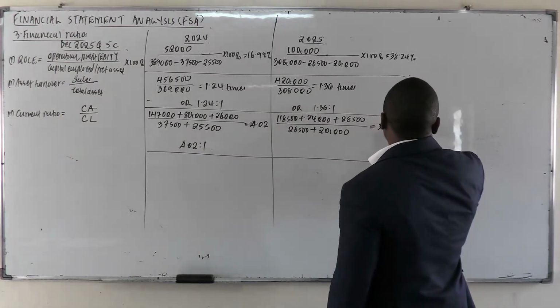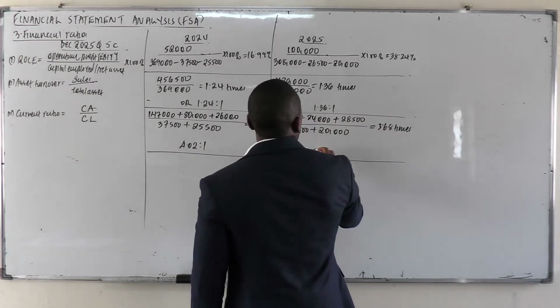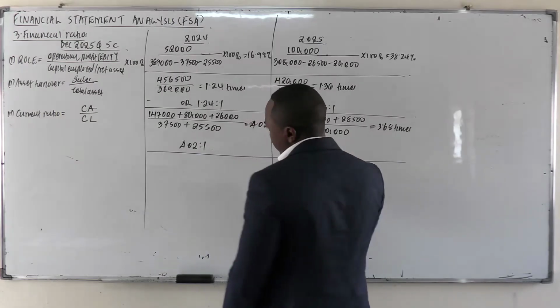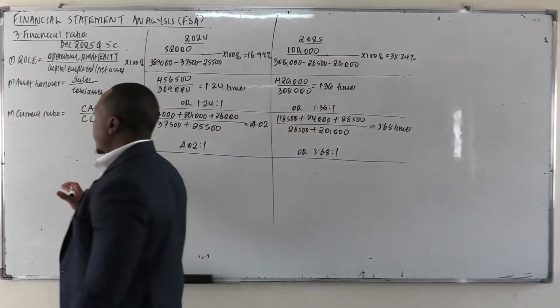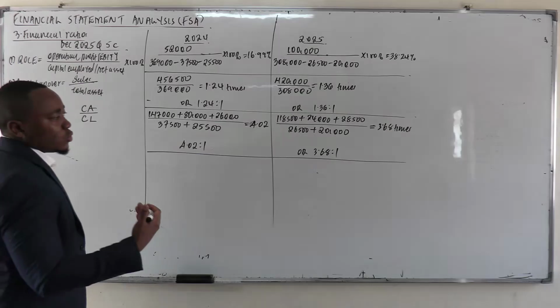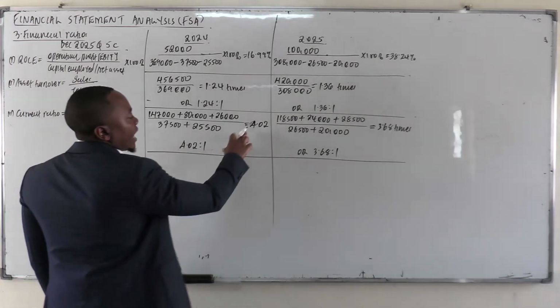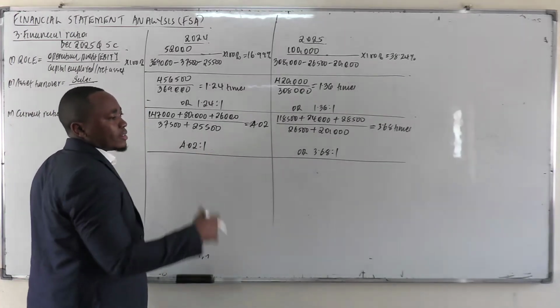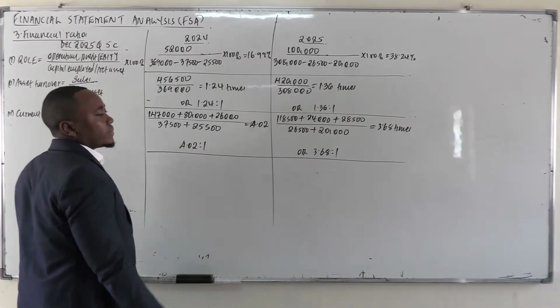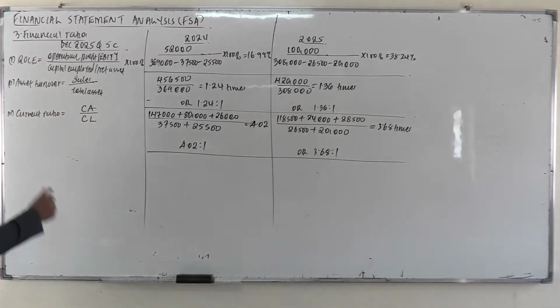And the other is 3.68 times, or 3.68 is to 1. You see that the recommended ratio for the current ratio is at least 2 times. In this case, it means that our current assets are 4 times that of current liability. So in terms of liquidity, this company is performing better.